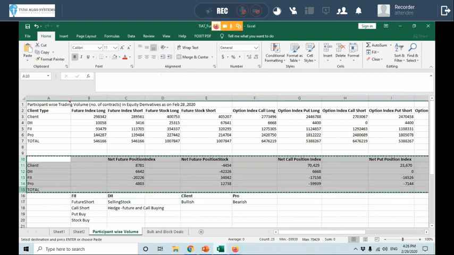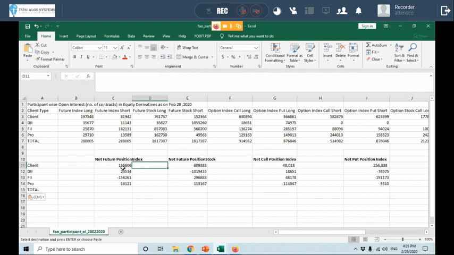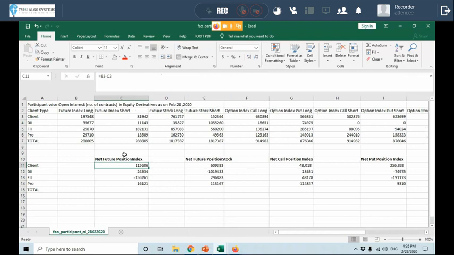Two lines I have to do, right? Let's see here. If you see the end of the day report, client has a bullish position of 115606, and look at DII also has a bullish future position.